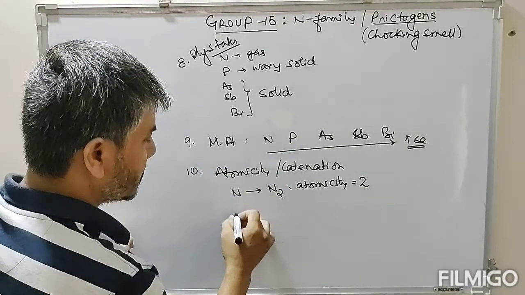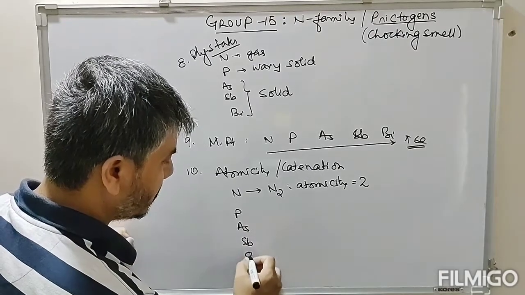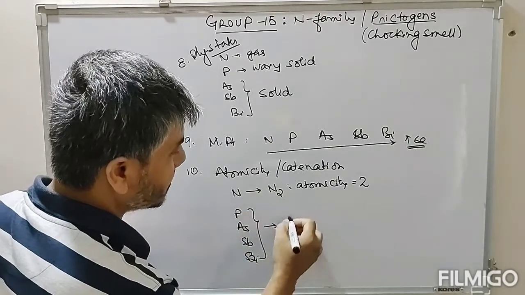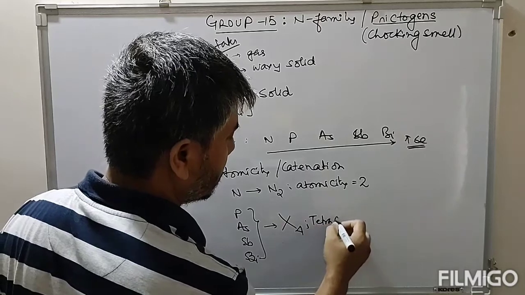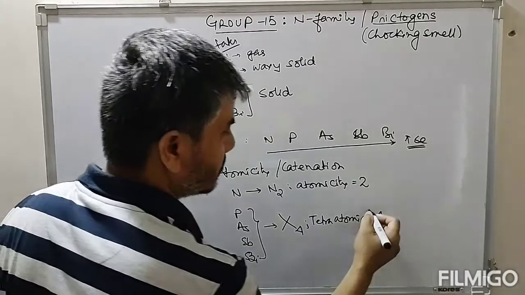Now the rest of the elements, phosphorus, arsenic, antimony, bismuth, exist as, let me give you this as X, so X4, tetraatomic. So the atomicity is 4.